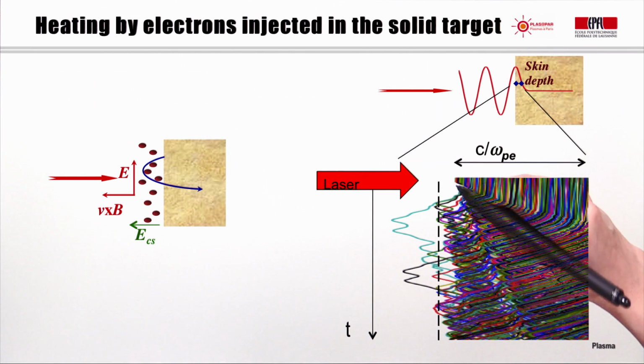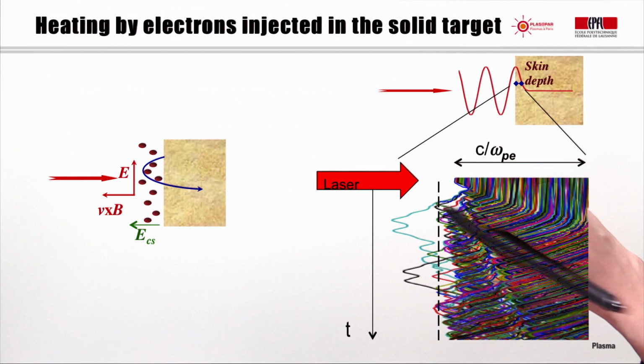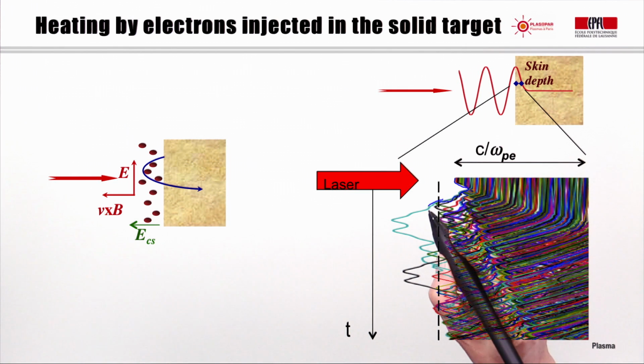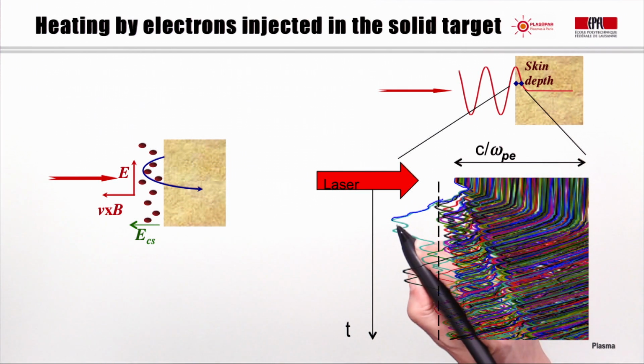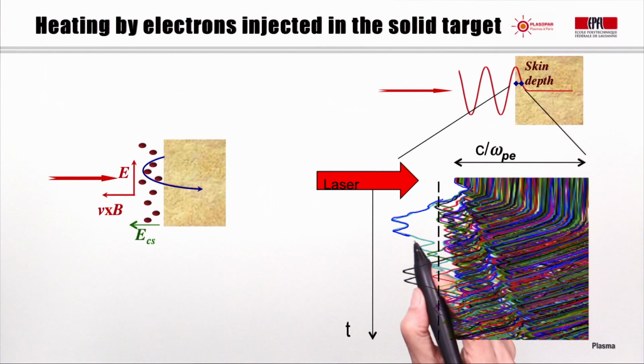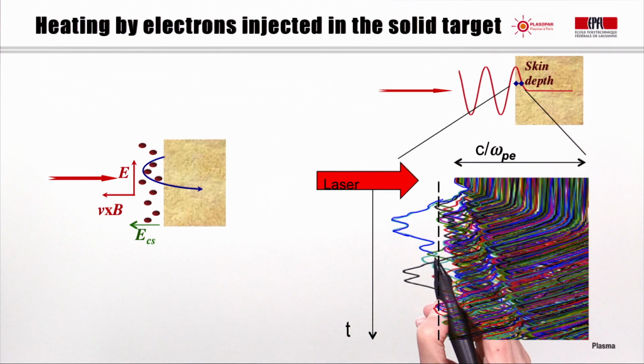When the laser arrives, I can see that the particle initially at this position with time will go inside, then outside because the field changes sign. It will oscillate back and forth in the fields at the surface and eventually get inside the plasma and hit the plasma.